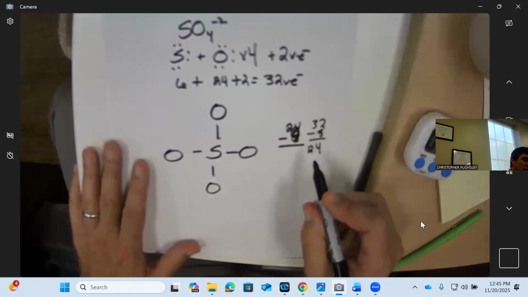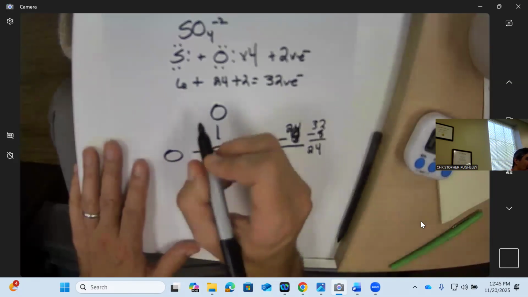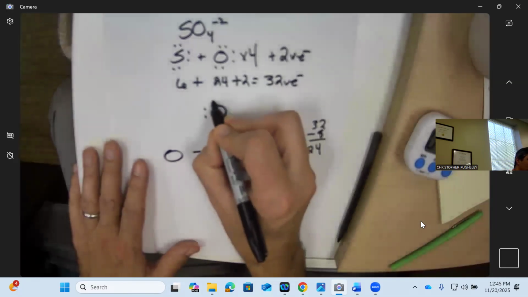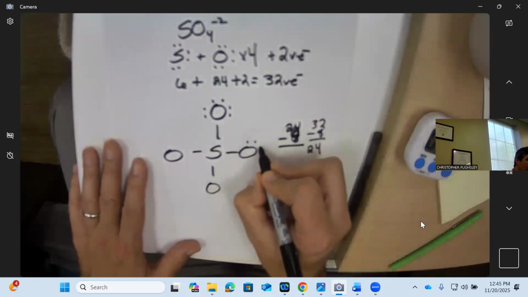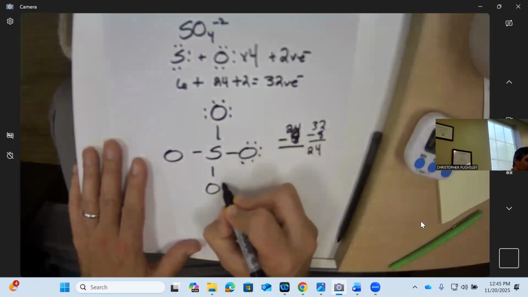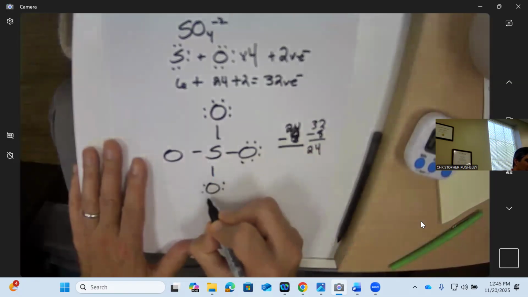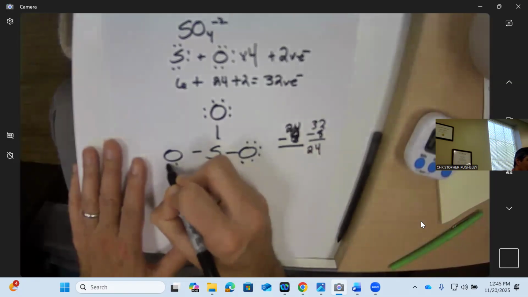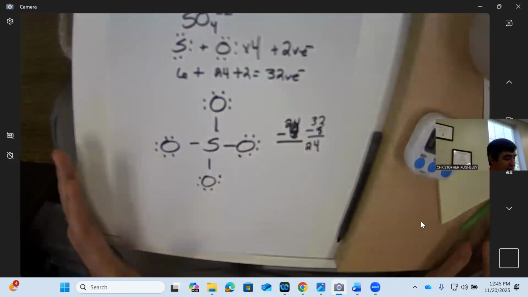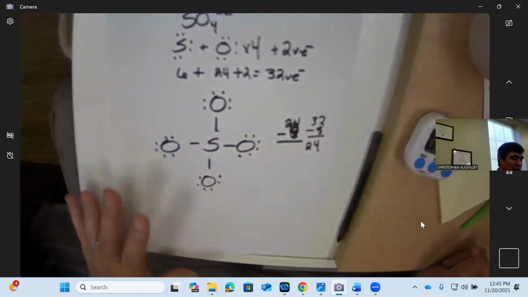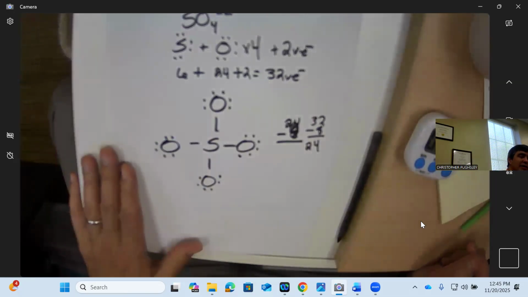That will work out perfectly. I can do 6 electrons on each oxygen, four times. All right, that seems to make sense. That's easy, that's not hard.